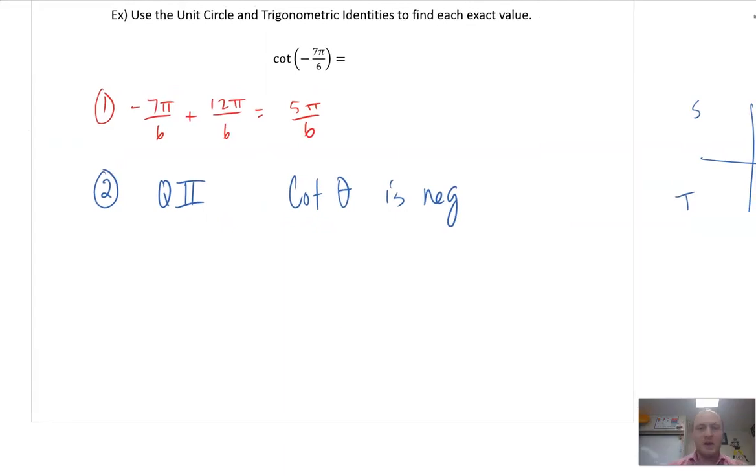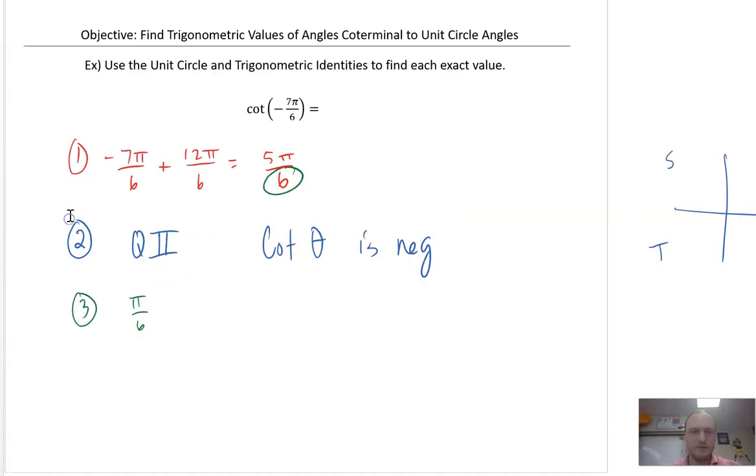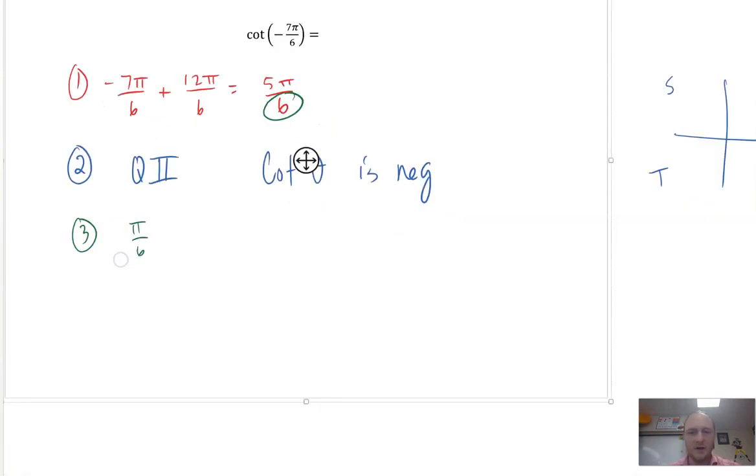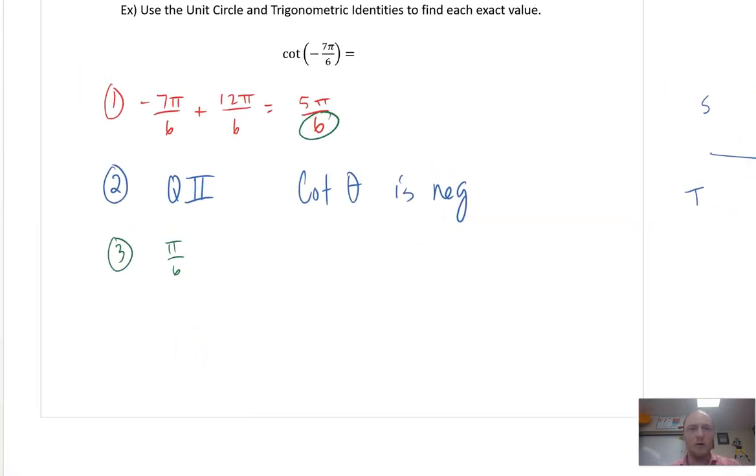So I know that. Step 3, I need my reference angle, which is going to be pi over 6, because of the denominator. And then we are ready to do step 4.